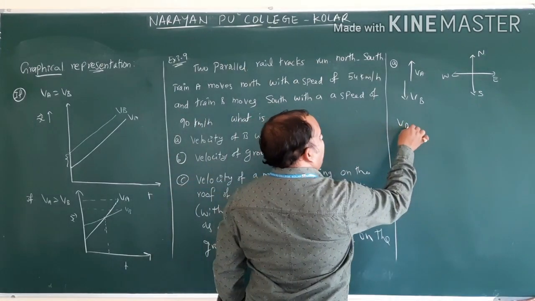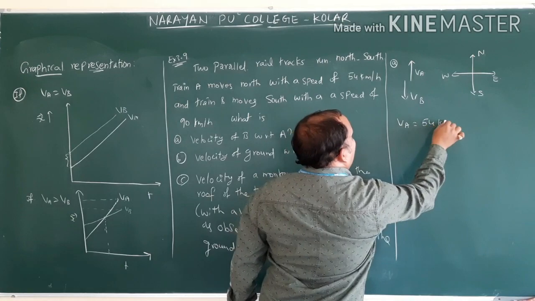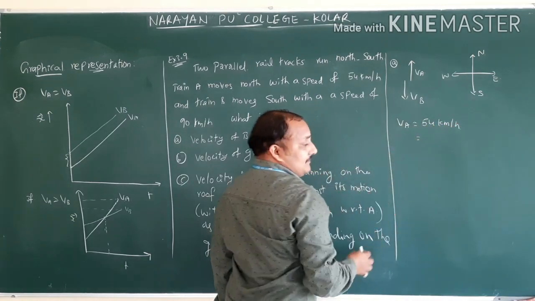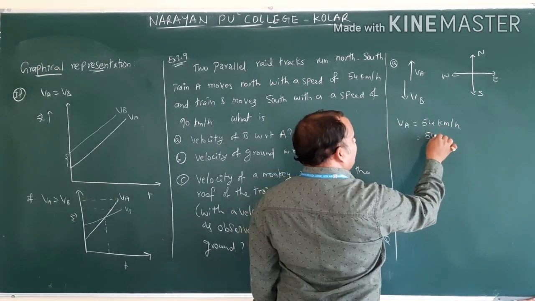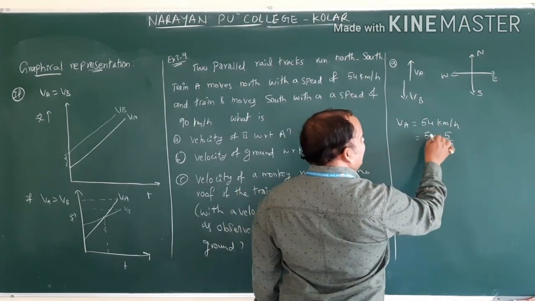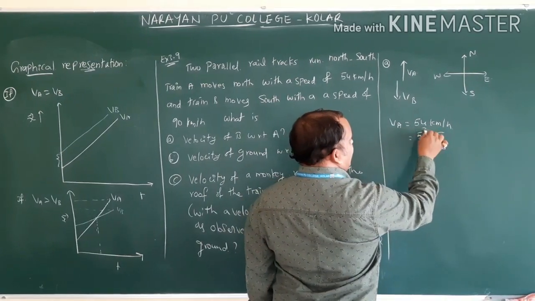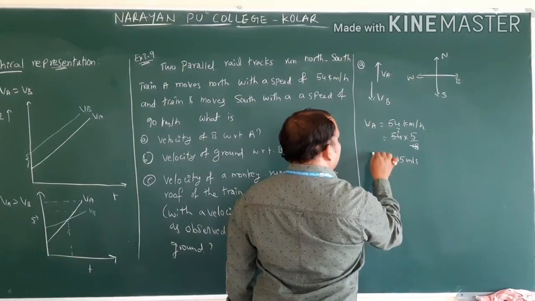Then VA is equal to how much velocity? 54 kilometer per hour. Kilometer per hour we should always convert into meter per second. So 54 into 5 by 18. 18 will cancel 3 times. Then it is 15 meter per second.